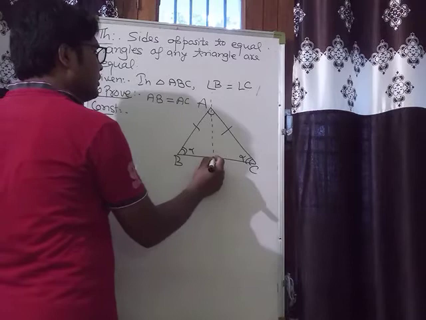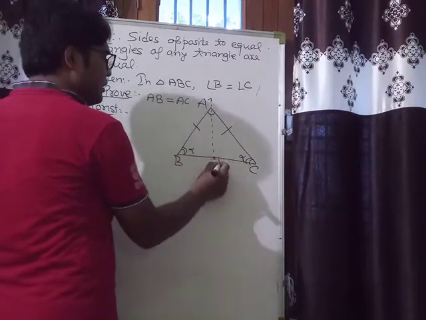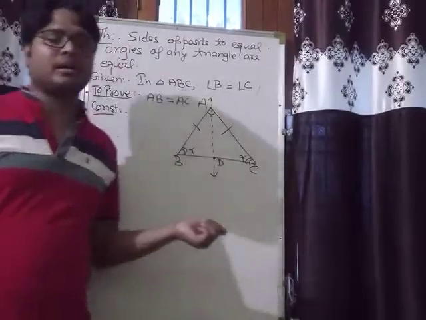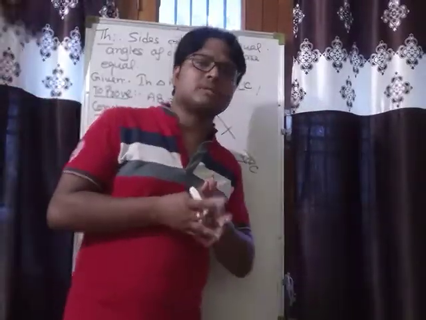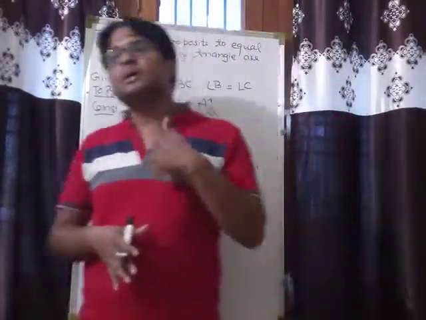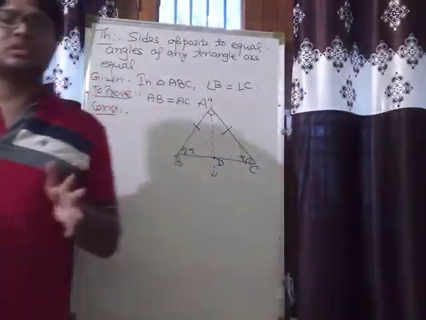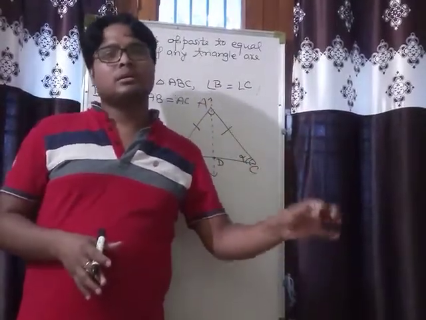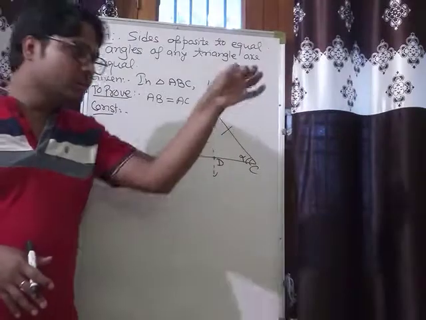See, आप देखो ये जो एंगल बाइसेक्टर AD मैंने फॉर्म किया वो डॉटेड लाइन दिखा है. See, that is not the part of the given. Okay, that's why जब भी हम कंस्ट्रक्शन करेंगे और जो भी हम कंस्ट्रक्शन करेंगे, we have to draw that line in dotted way, in dotted line.